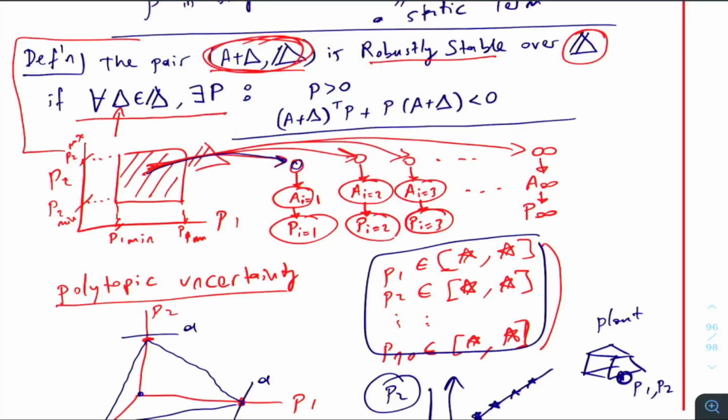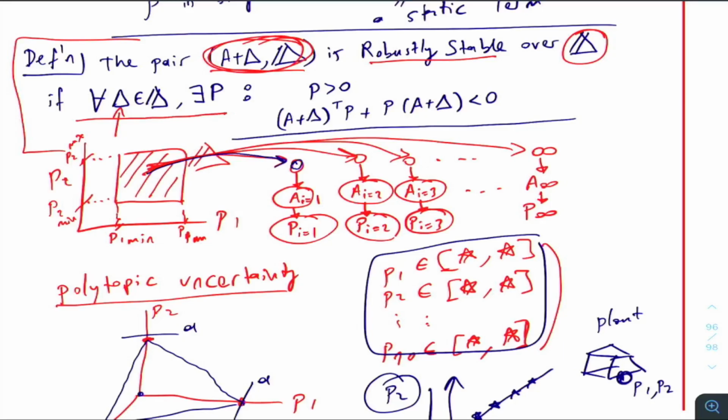Let's say we have an infinite number of parameters from this set; okay, let's consider infinite as 1000 or something, a number that we can handle.